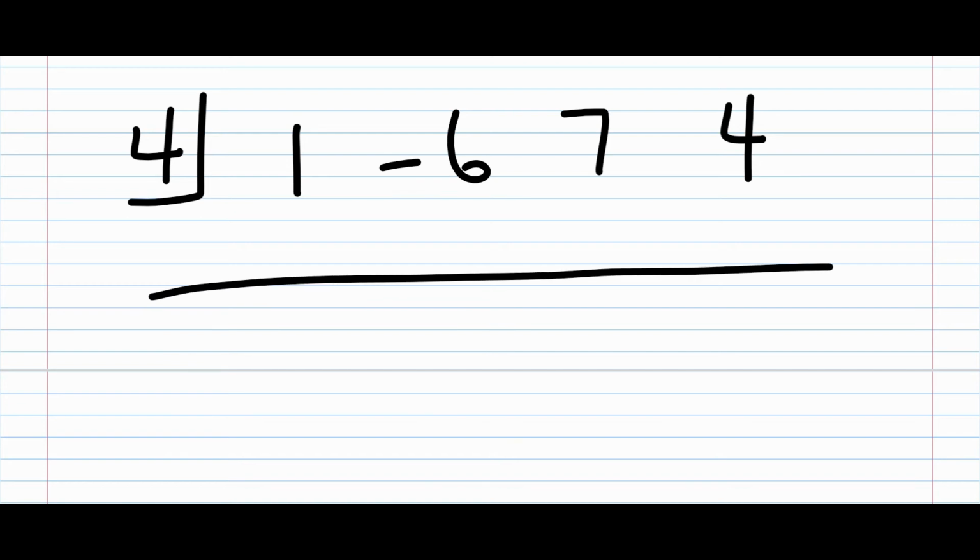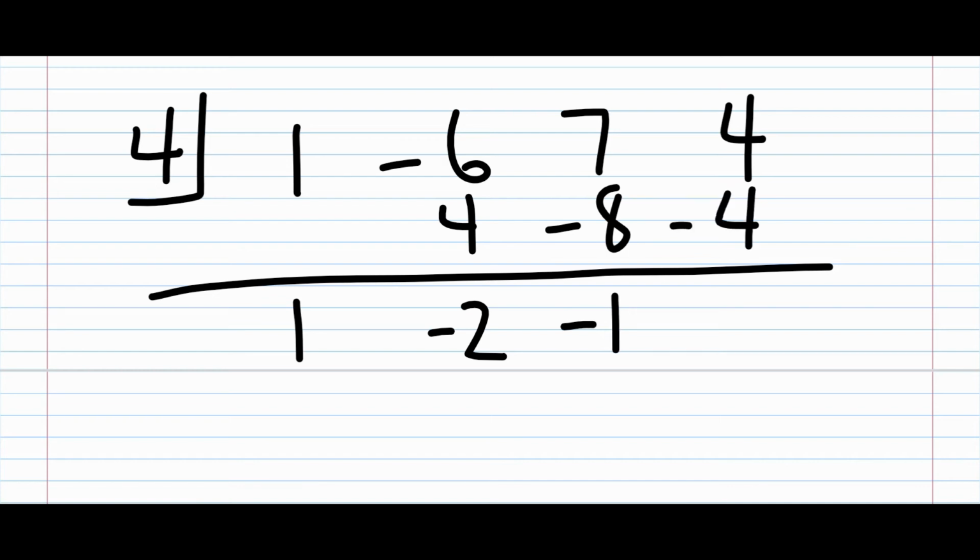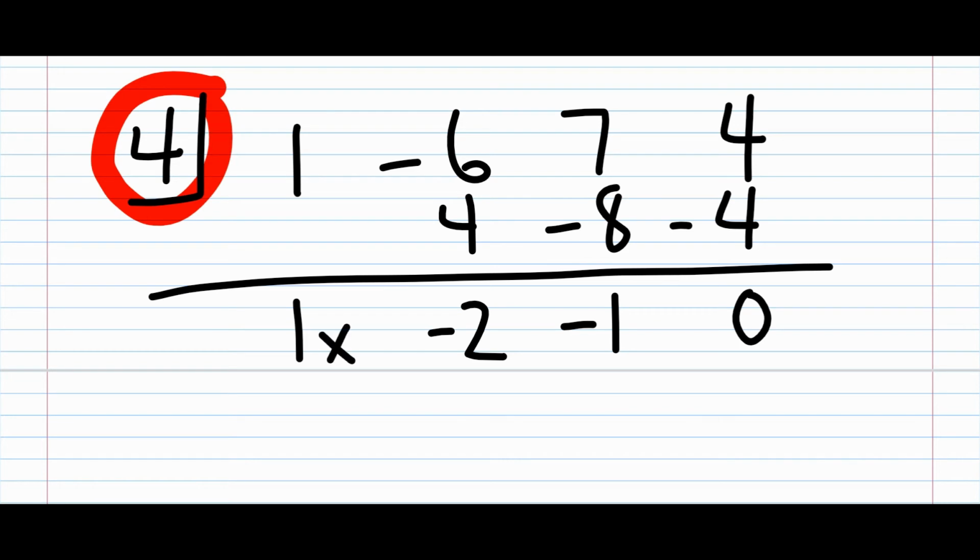Those are the coefficients of the polynomial. Do the synthetic division. There's my remainder of 0 telling me that my 0 actually was a 0, so that confirms, again, that 4 was actually a 0. And now I know my polynomial that remains looks like this.